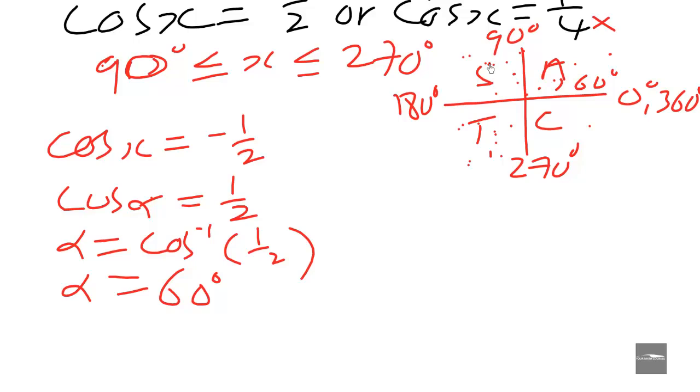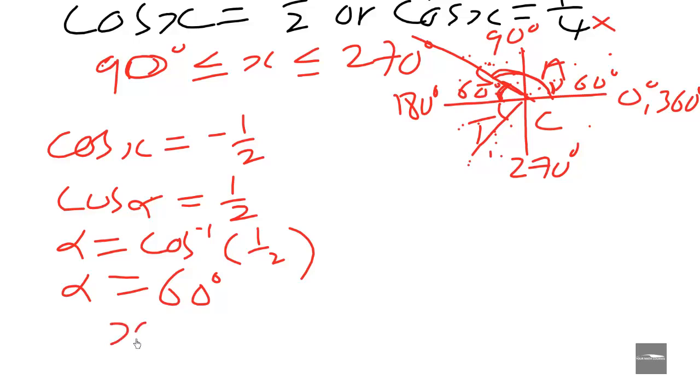So we need to transfer that here and here. Over here in the second quadrant, the angle from here to here will be equal to 180 minus this corresponding acute angle, which is the 60 degrees.